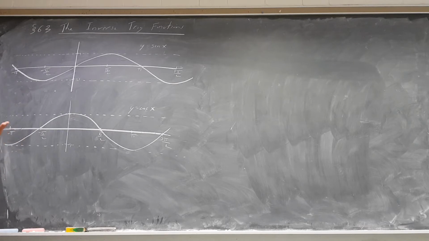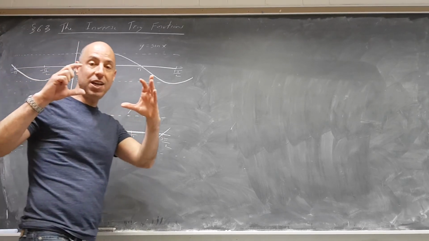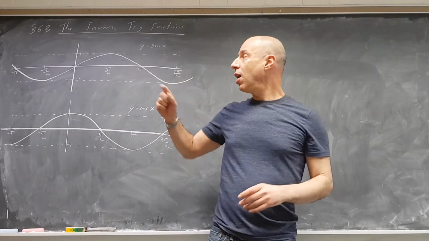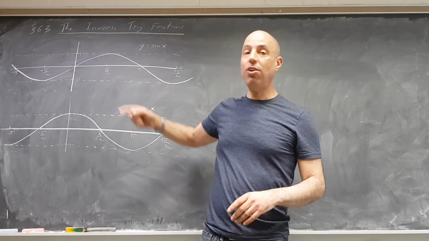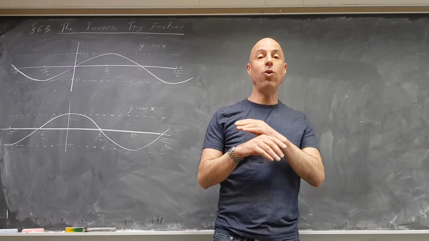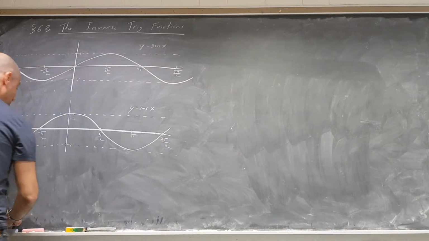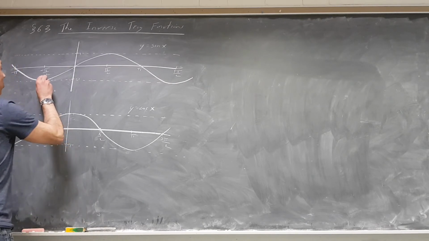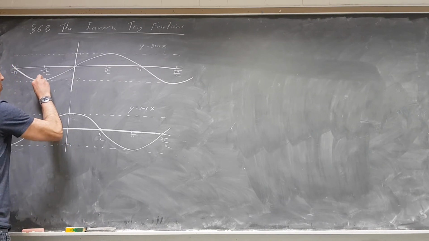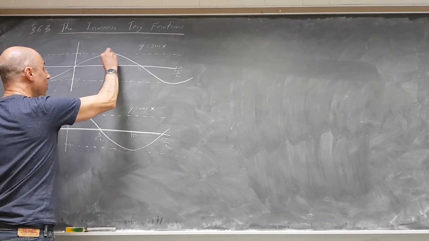But what we do to make it possible is start by restricting the domain. We look for an interval of x values upon which the original function sine x is 1-to-1, where it passes the horizontal line test. And there are many choices we could use there, but the one that's usually chosen starts at negative pi over 2 and goes to pi over 2.